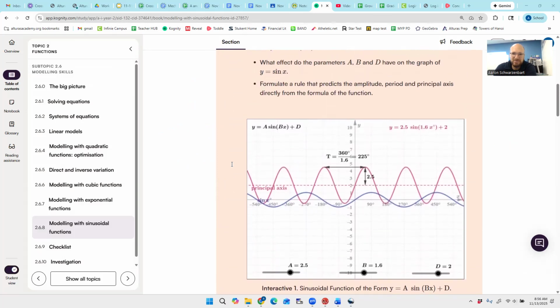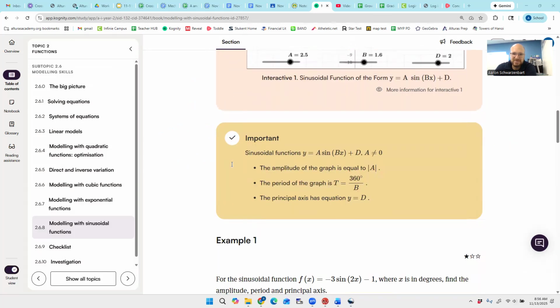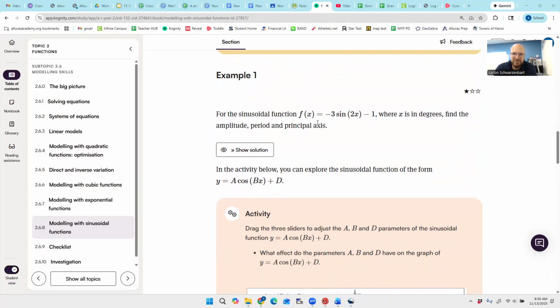So, for this sinusoid, where x is in degrees, find the amplitude, period, and principal axis.